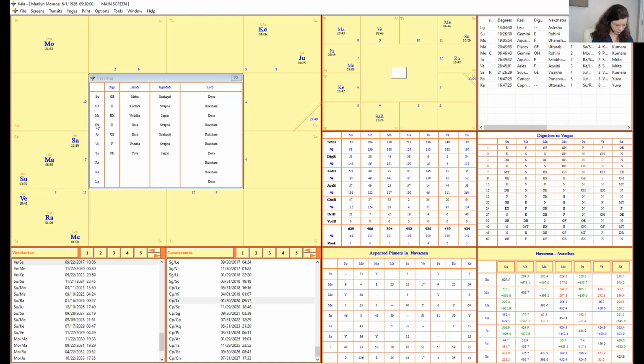Perhaps she had a lot of great impact on the world through her marriage partner. And it is also the activation point of the Navamsha. And planets influencing this house strongly color the Navamsha with their natural indications. So, yeah, there's a lot to consider here with this Mars.